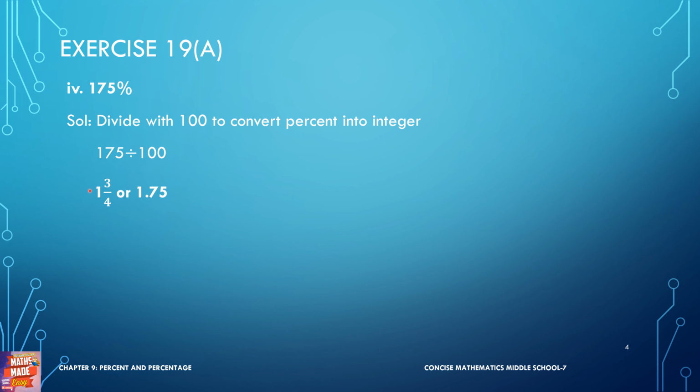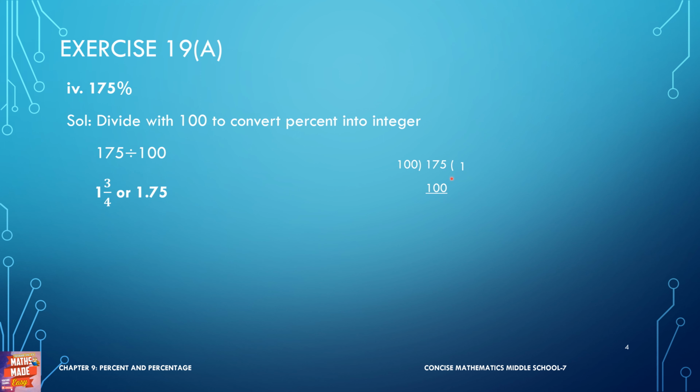And how did you get this? 1 3 by 4. In this mixed fraction, how to convert this into mixed fraction? It is really very easy through this simple division, right? 175 divided by 100. Sorry children. So 100 one side is 100, right?